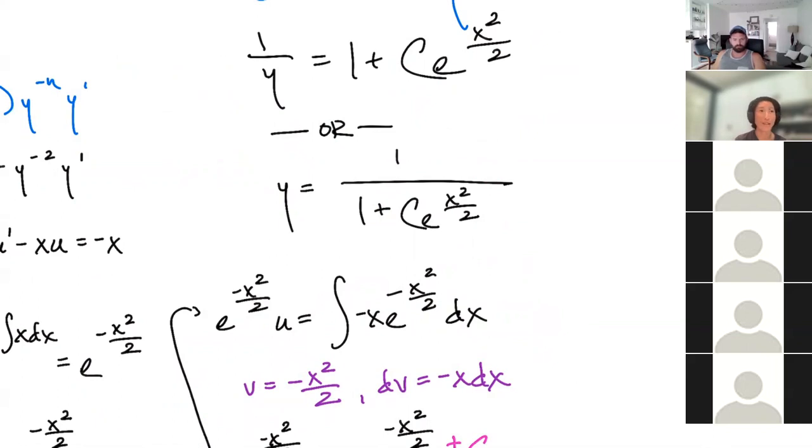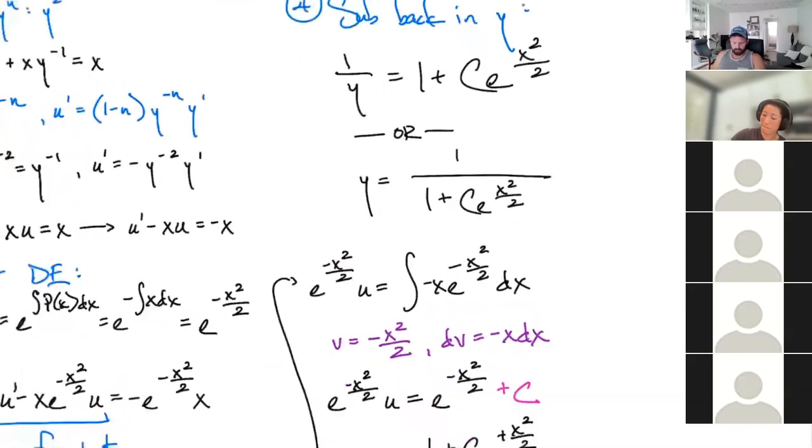The x is going to change, and because the x is changing, the exponent is changing, which would make C change. If it was just C times e, you could change that into a C. That would be okay. Thank you.